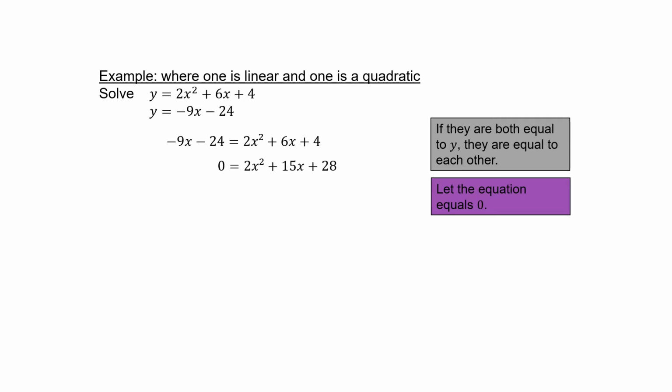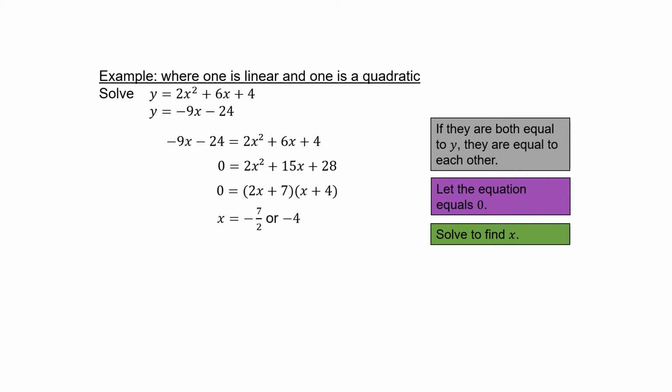So we find that 2x to the power 2 plus 15x plus 28. We just want to factorize this equation to find our x, and this is the solving equation. So x for the first will be negative 7 over 2, and x for the second will be negative 4.